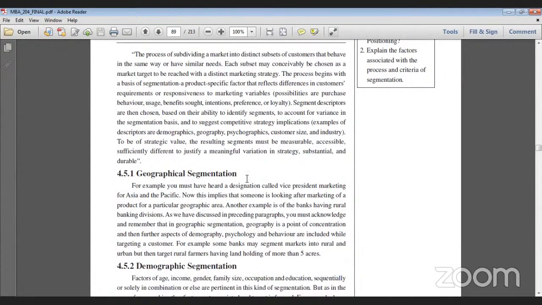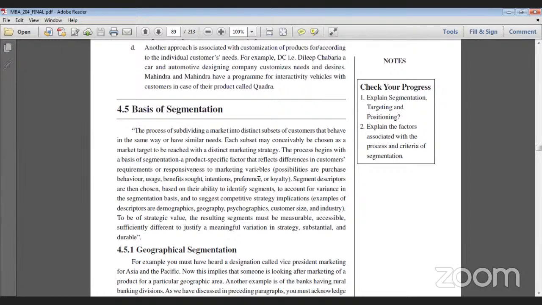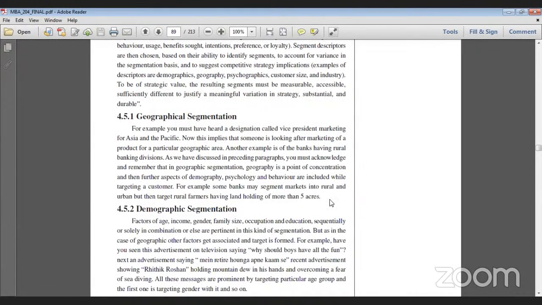So, in the book also, on the basis of segmentation, they have given geographical segmentation, right? As I've given you the example of Rajasthan, Pune, Bombay, in such areas the luxurious products are sold more. In an area like Mumbai and Pune, because they are metropolitan cities.